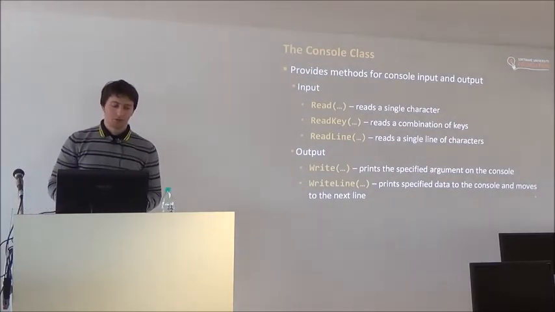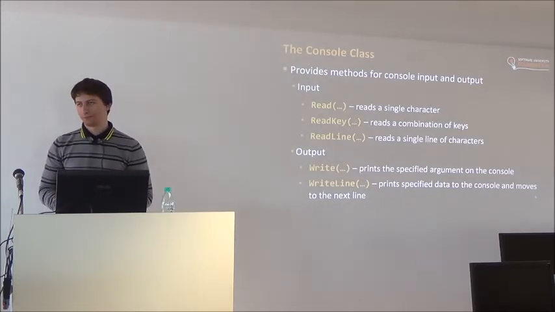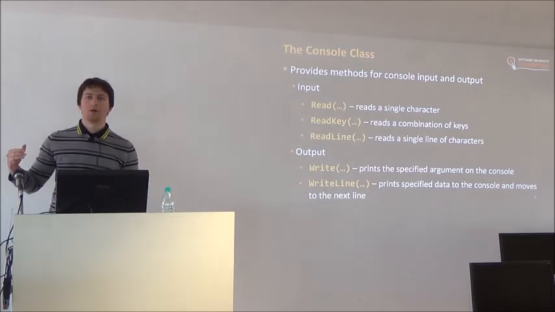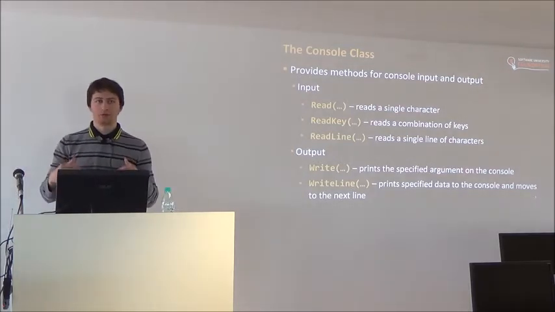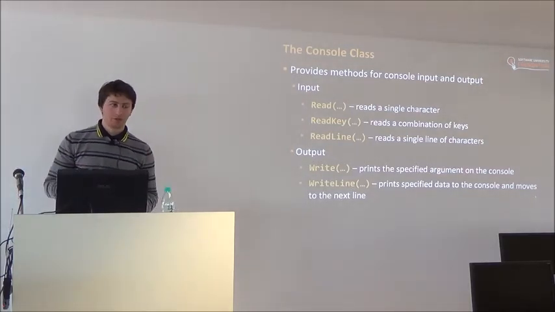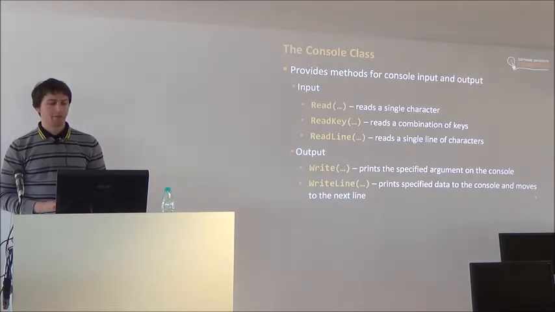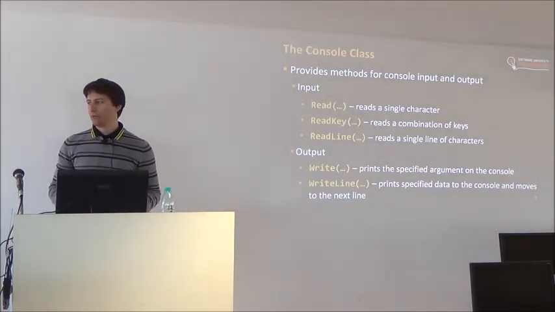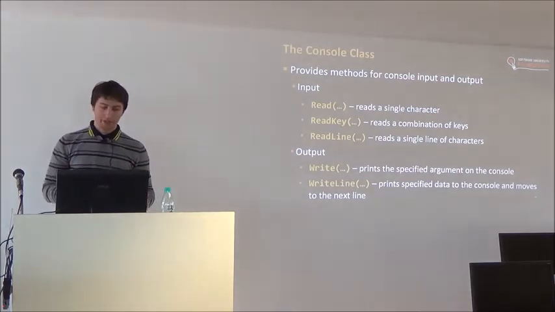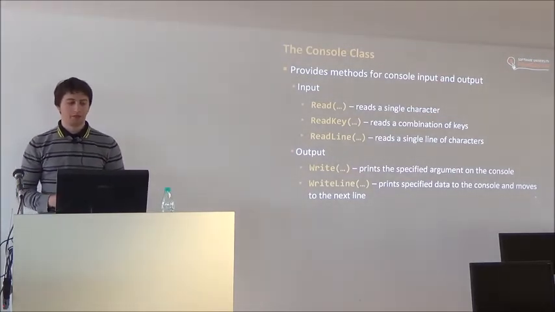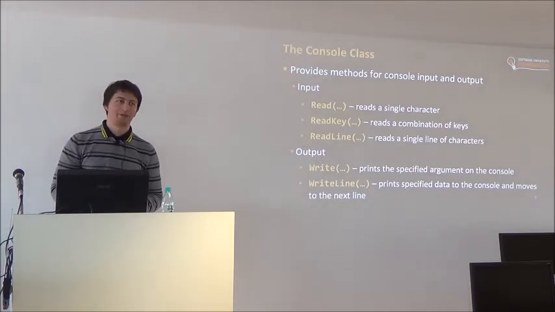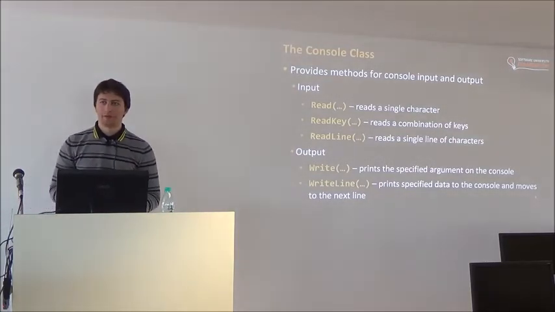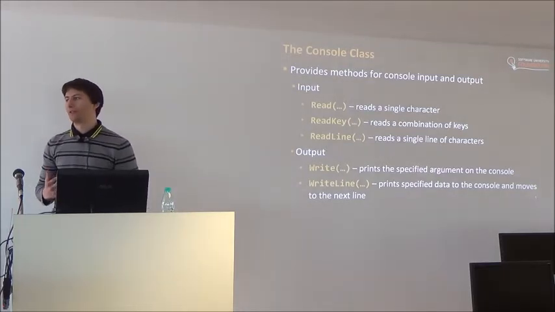If you'd like to read input, so you have some stream or flow coming to your program, to your code, through the console, you can use the following methods to actually read what's on the console. Read, which we'll see later on, just reads a single character. It has a very interesting behavior: it reads it as an integer.